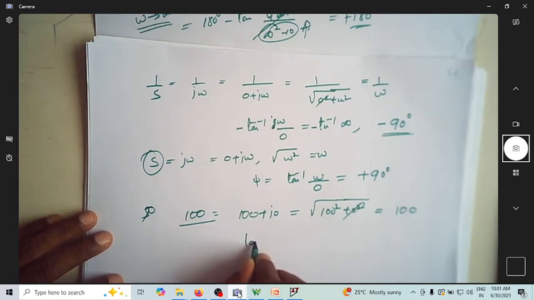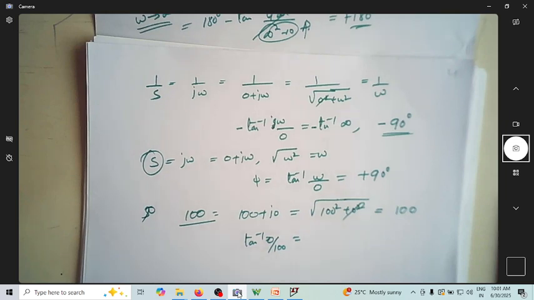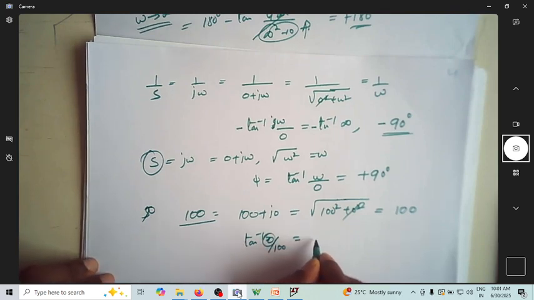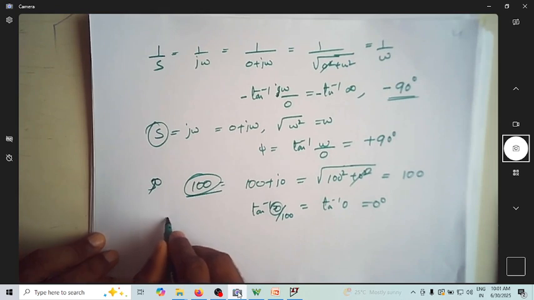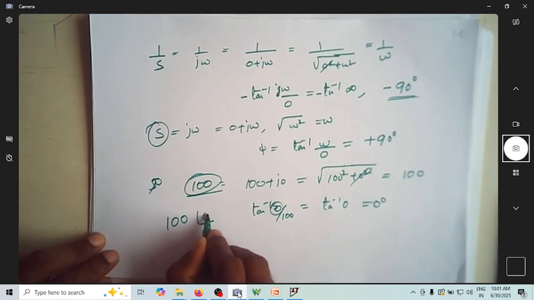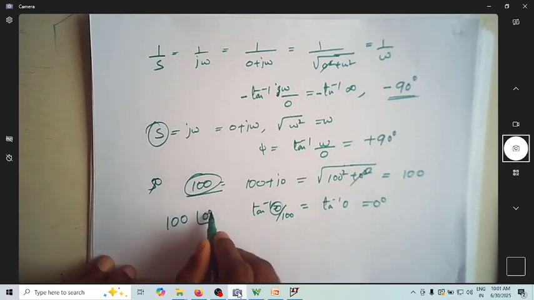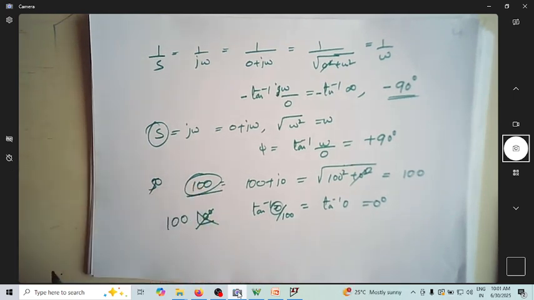It is tan inverse of 0 by 100, which is tan inverse of 0, that is equal to 0 degrees. So this will always have a magnitude of 100 and a phase angle of 0 degrees. That's why we never consider the phase angle for a constant term.